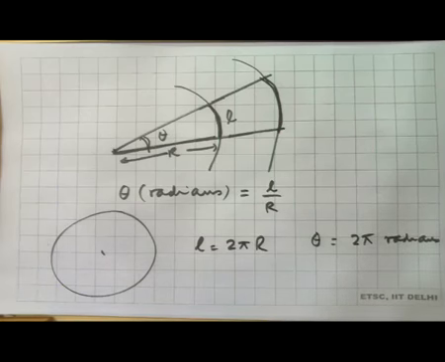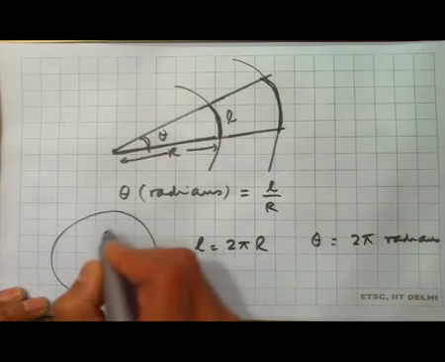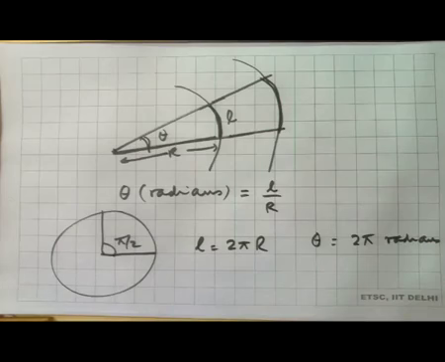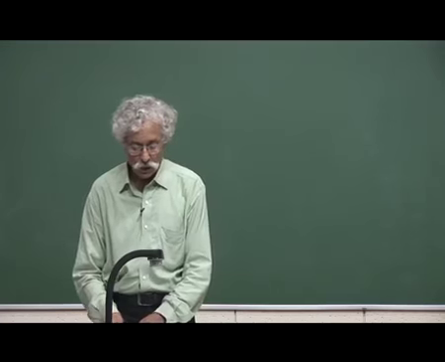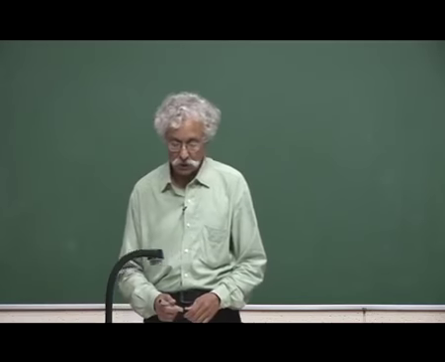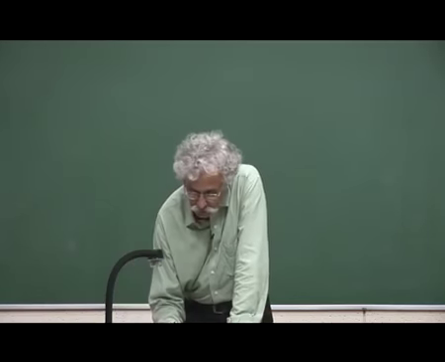All of you know that 2 pi radians is the entire circle. This is pi by 2 radians, etc. So this is one of the very interesting definitions of angles, and this is in a plane. Now I want to introduce an angle not in a plane, but in 3 dimensions. So we define what is called a solid angle.